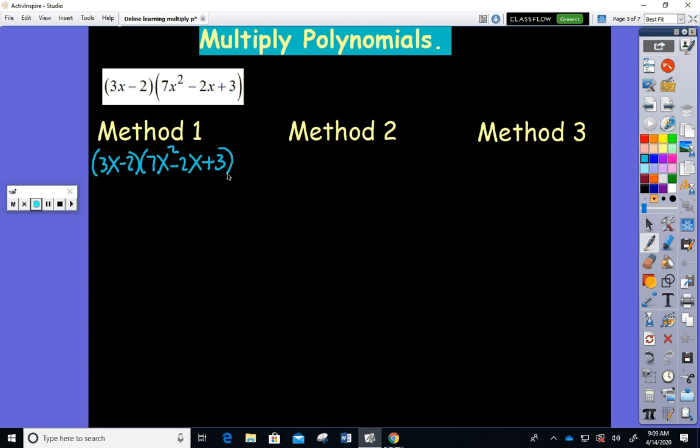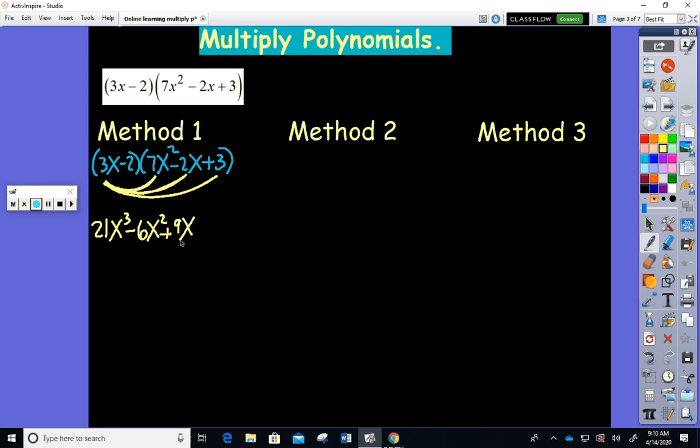So what you're going to do is you're simply going to have to say, let me do first times first, first times second, first times third. When you do that, first times first is 21x cubed. First times second is negative 6x squared. First times third is plus 9x.